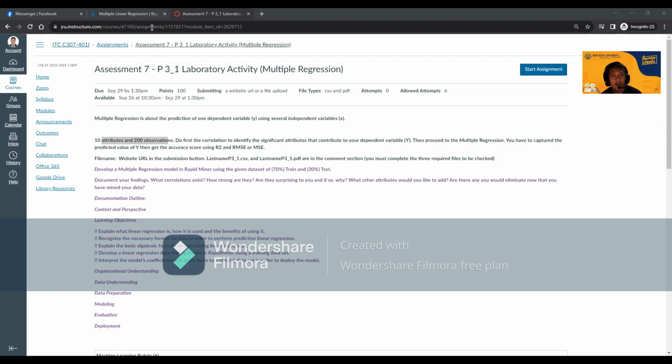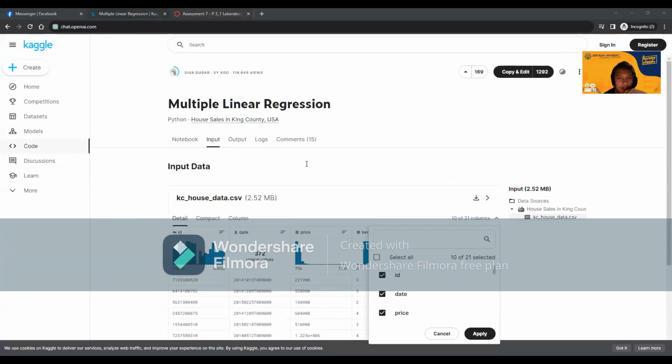I began by searching for a data set on Kaggle, which is the house sales in King County, USA. This data set contains 21 attributes and a substantial number of observations, more than 1,000.